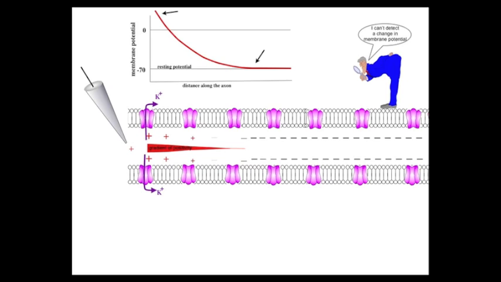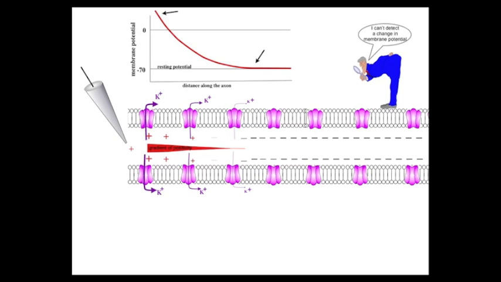Now things get worse because the change in membrane potential, that is the reduction in negativity, allows potassium to be forced out of the cell by its concentration gradient. So potassium is forced out all along the membrane where the membrane potential has been changed.